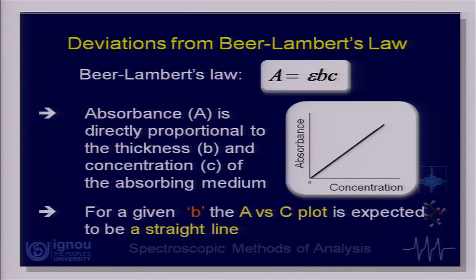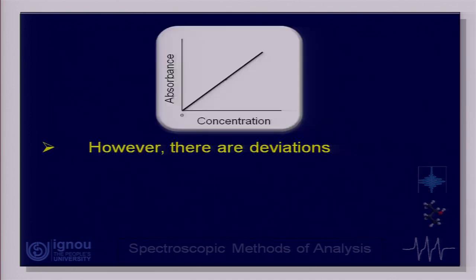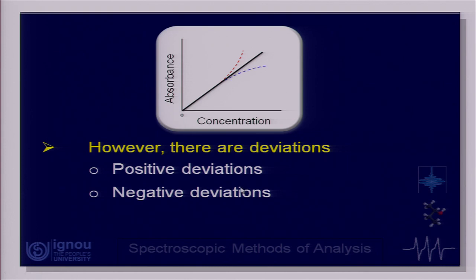But when we do actual experimentation, we find that in many cases there are certain deviations. The deviations could be positive deviations, that is, the observed absorbance is more than what is expected from the Beer-Lambert law, or sometimes we observe negative deviations, that is, the absorbance is lesser than the expected one.